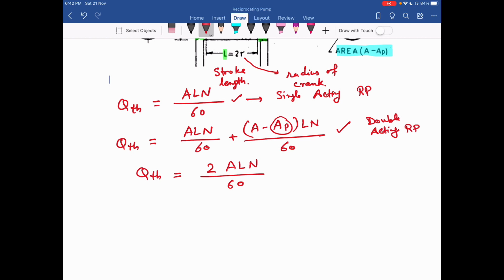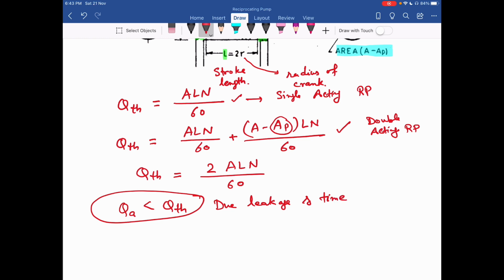If there is some leakage loss and also some time delay in the closing of the valves, that gives my actual discharge. That actual discharge is lesser than the theoretical discharge due to leakage and time delay of valves.